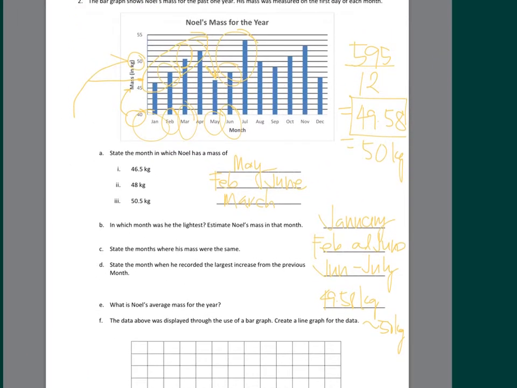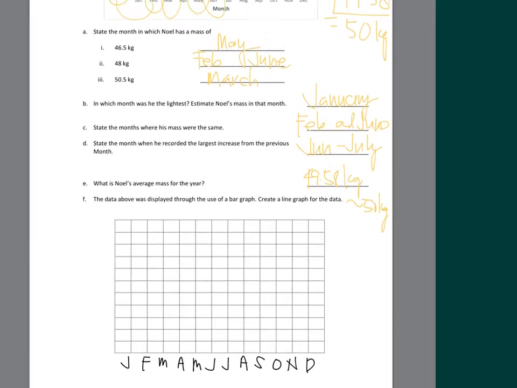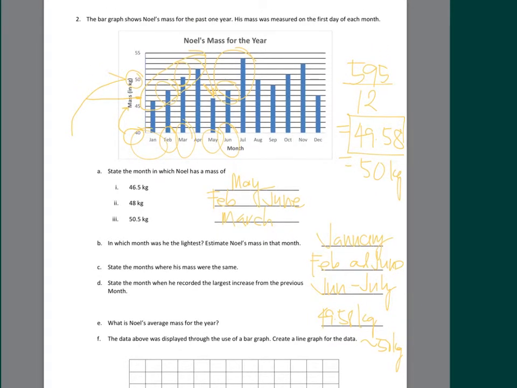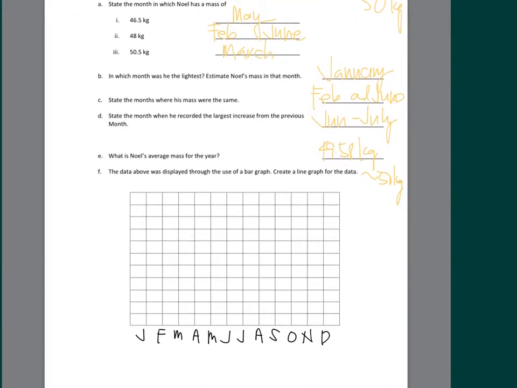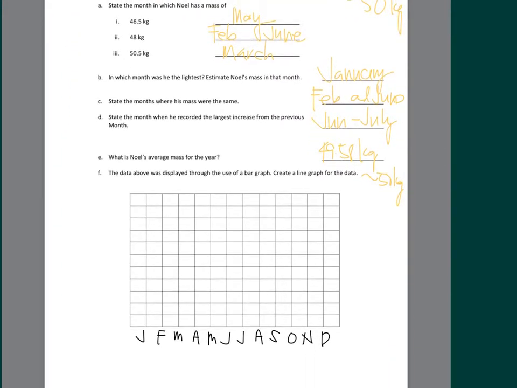So for January, we have 46. Note we have to consider numbers from 45 to about 55. We check first how many lines we have here: 1, 2, 3, 4, 5, 6, 7, 8, 9, 10.